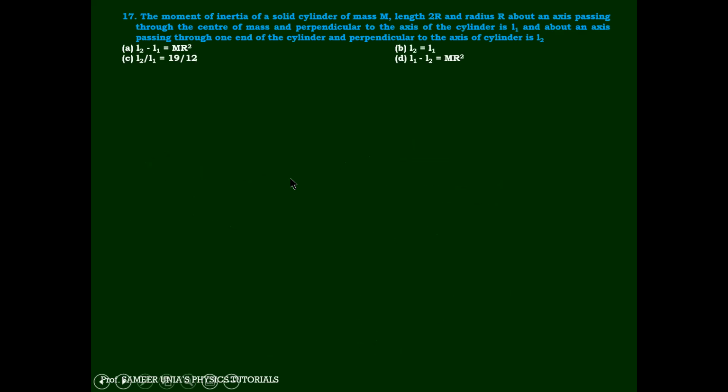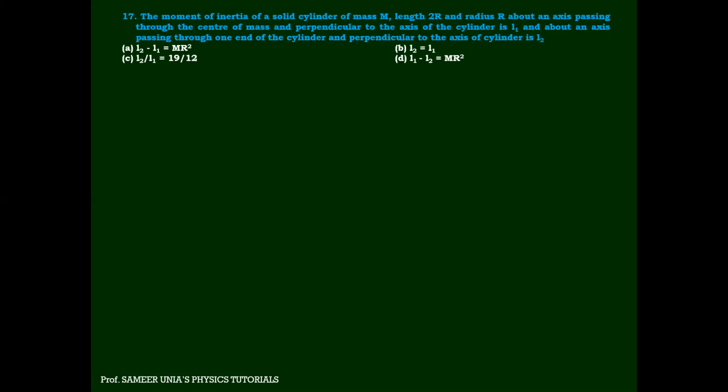Question number 17. The moment of inertia of a solid sphere of mass m and length 2r and radius about an axis passing through the center and perpendicular to the axis is I1, and about an axis passing through one end of the cylinder and perpendicular to the axis is I2.